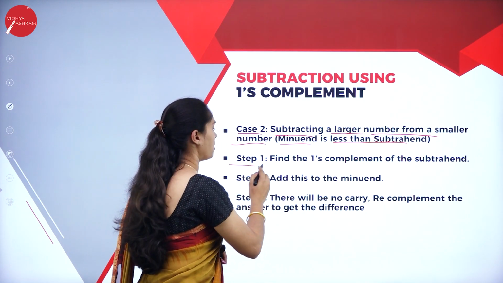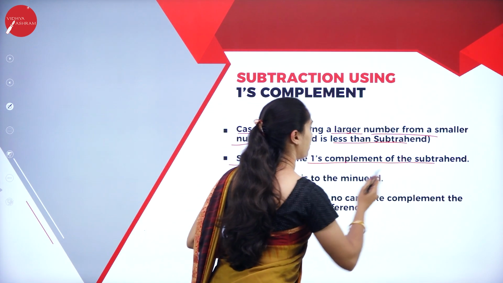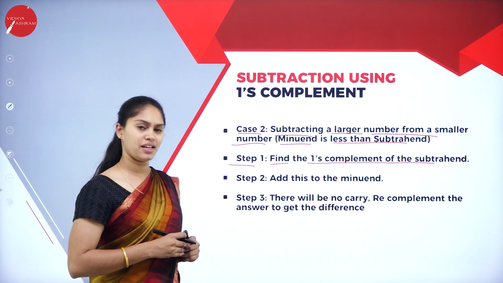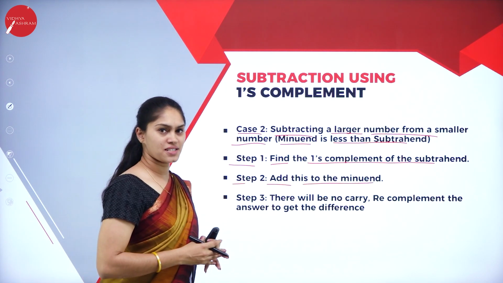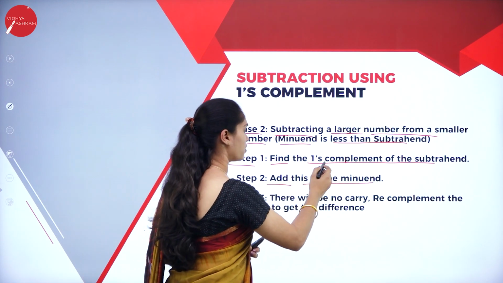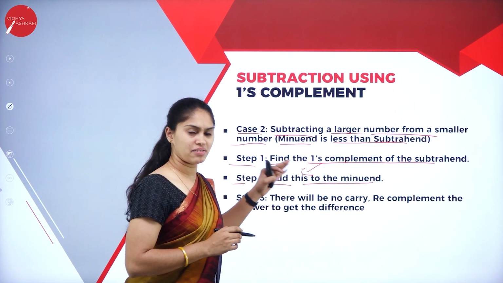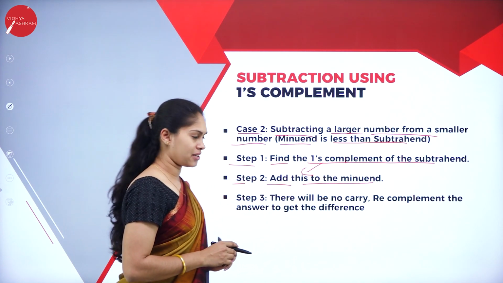Then what is the first step? We have to find the ones complement of the subtrahend. In step 2, we add the ones complemented subtrahend with the minuend.